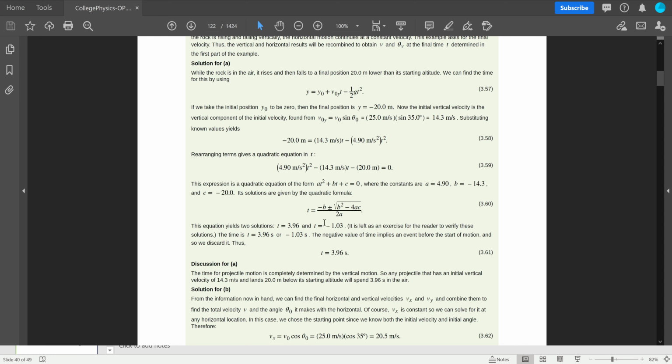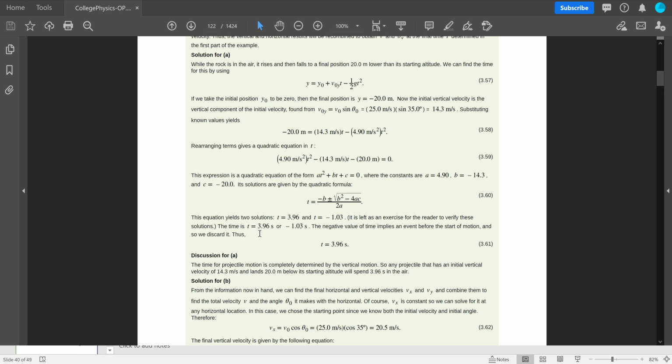Once we plug in, we have negative 14.3 plus minus the square root of negative 14.3 squared minus 4 times 4.9 times negative 20, all over 2 times 4.9. So this equation gives us actually two solutions: one which is 3.96 and one that is negative 1.03.